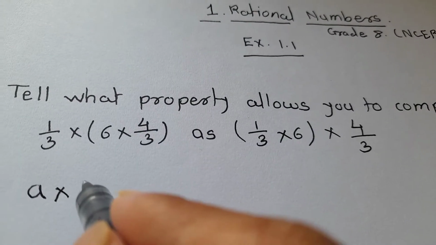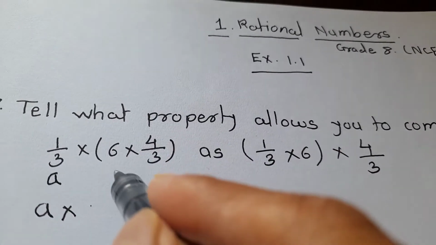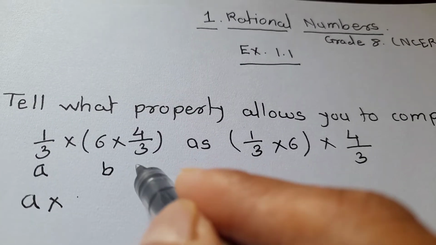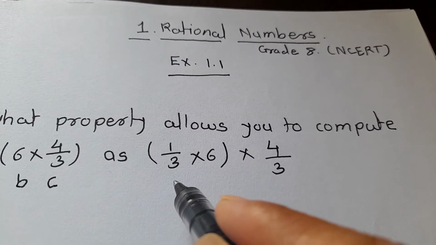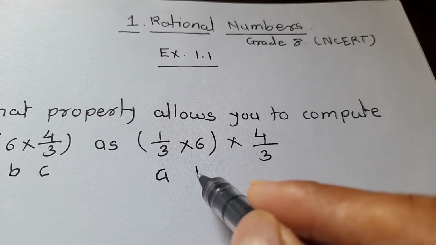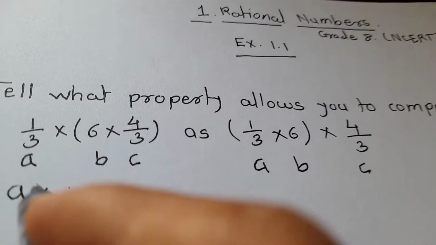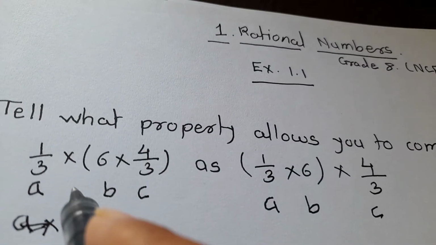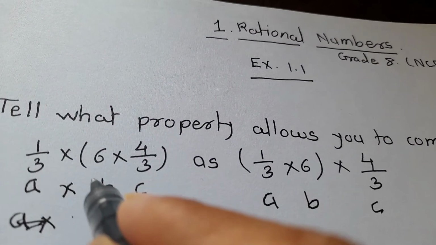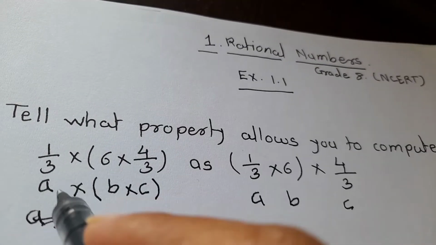Let us suppose 1 upon 3 is A, 6 is B and 4 upon 3 is C. Let us multiply A by (B multiplied by C).